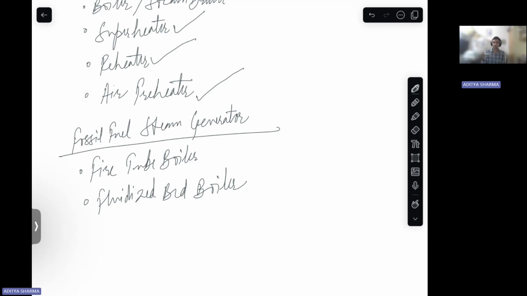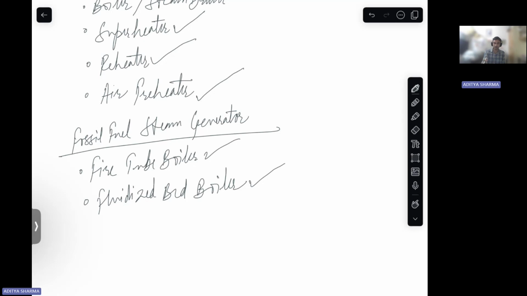So flue gases pass through these tubes, and in the surrounding we have water. And this way, the heat transfer between the flue gases and the water takes place, right, for the generation of steam. Right. So this is fire tube boiler. Then is your fluidized bed boiler. So in this fluidized bed boiler, your air flows upward from some air plenum, right?